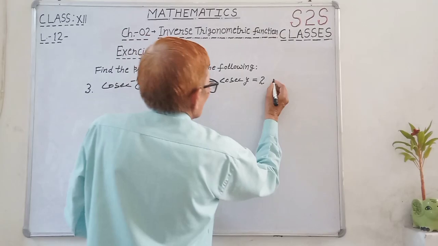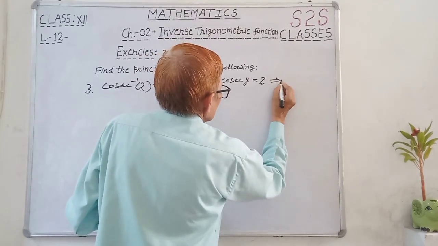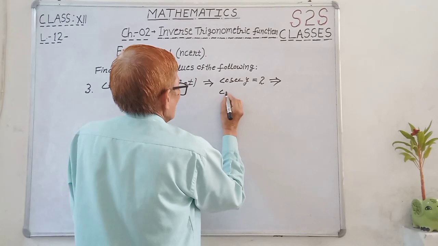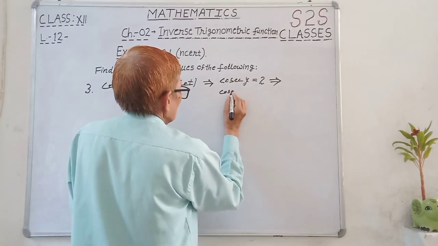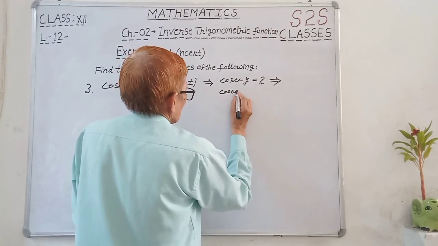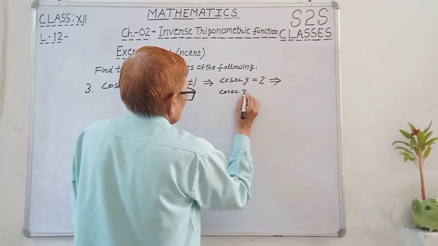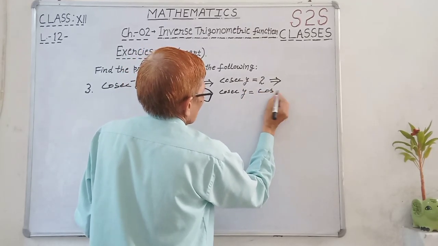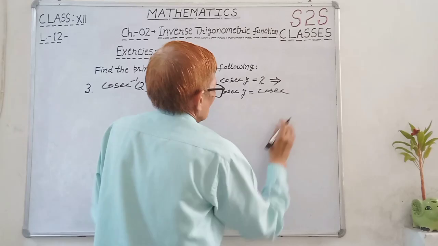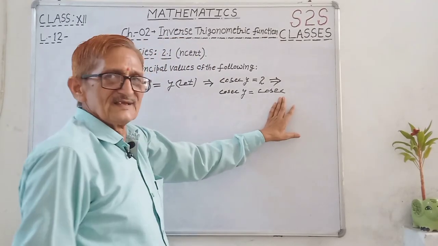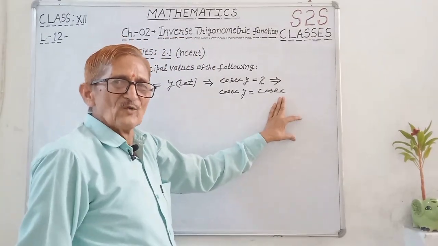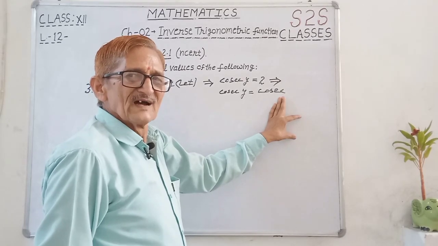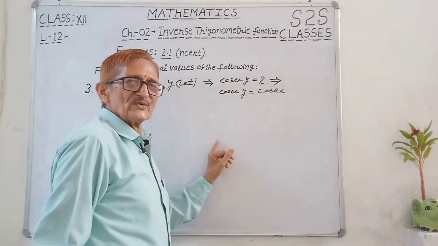And in the first quadrant what can we write? This implies cosec y is equal to 2. Cosec of how much angle is equal to 2?